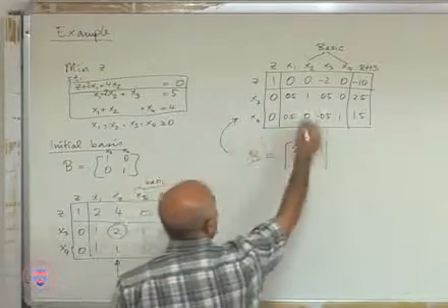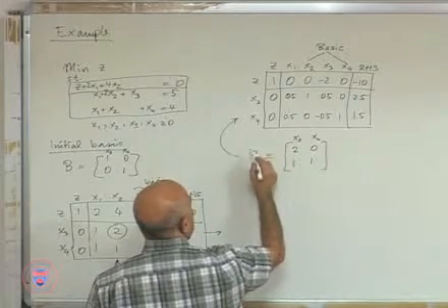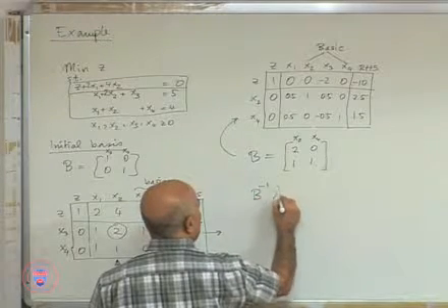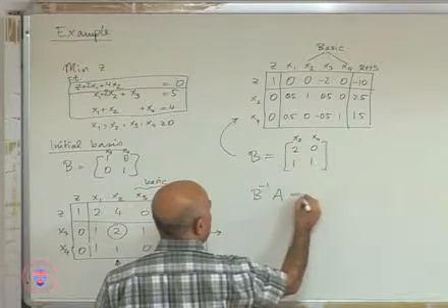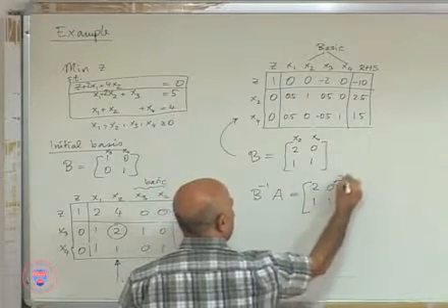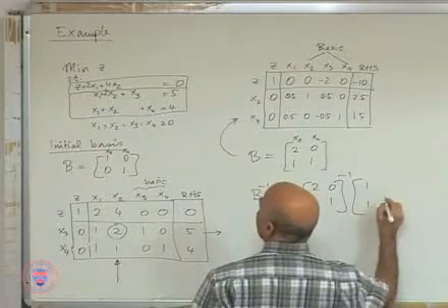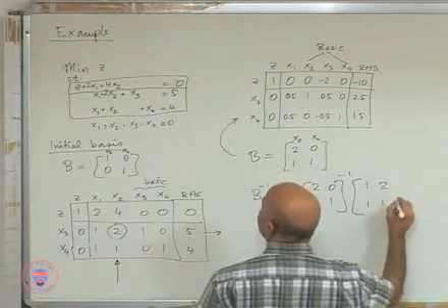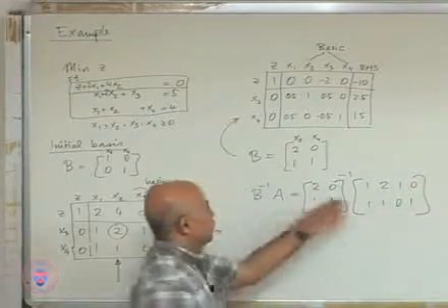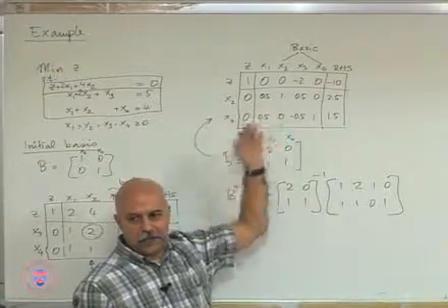So this part of the tableau is B inverse times the original matrix A, which tells you that the inverse of the matrix 2, 1, 0, 1 multiplies whatever you've got: 1, 1, 2, 1, 1, 0, 0, 1. And the output of this multiplication should match what you have in the tableau.